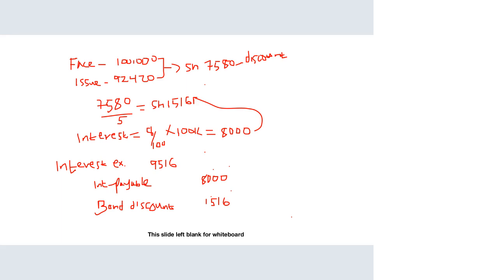It is issued at a premium because remember we said if the bond issue price is more than the face value, then the bond will be issued at a premium. We are told to prepare the bond amortization schedule using the straight line method. Okay, so we can look at that.